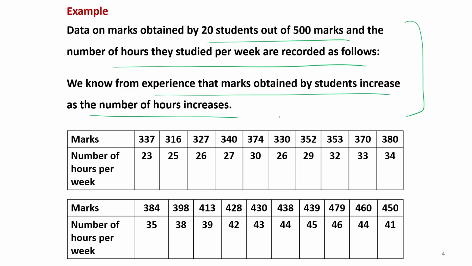So there has to be an increasing trend: as the number of hours of study increases, the marks should also increase up to a certain extent. The data is like this. Student number 1 studies 23 hours and gets 337 marks out of 500. The second student studies 25 hours and gets 316 marks out of 500, and so on.